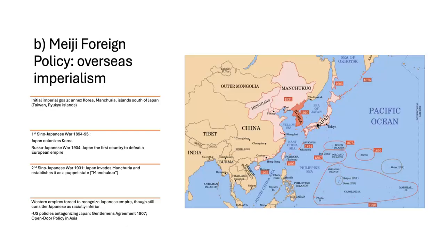So therefore, in their initial imperial goals, they wanted to establish a sphere of influence, certainly in Korea, but also this area called Manchuria. On this map, it's called Manchukuo. That's the name given for the Japanese colony that would be established by 1931. So this map is a little ahead of when we're talking about, but Manchuria is basically this area being designated right now.